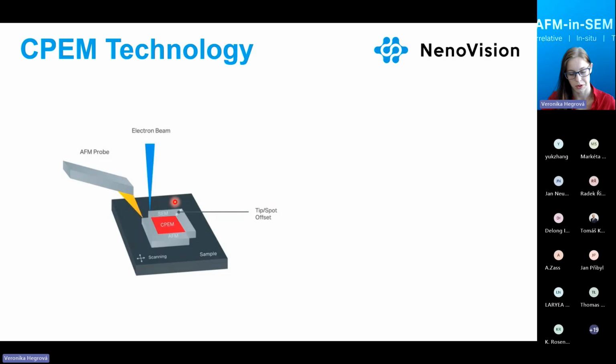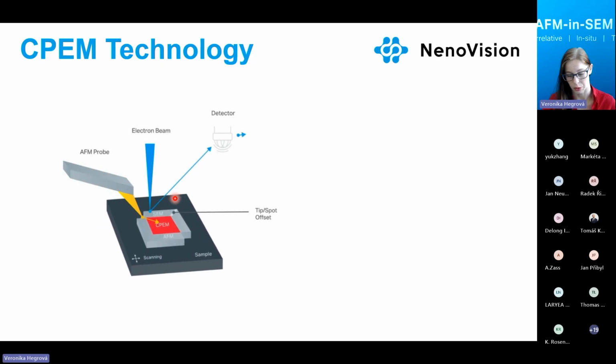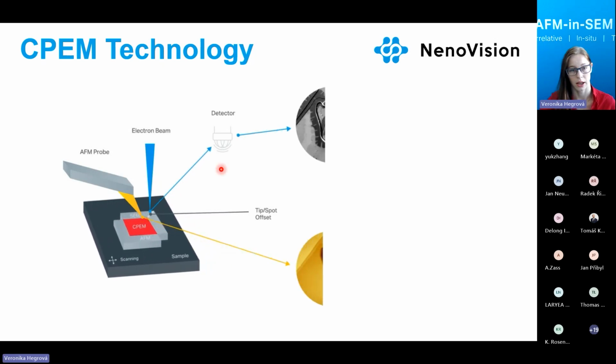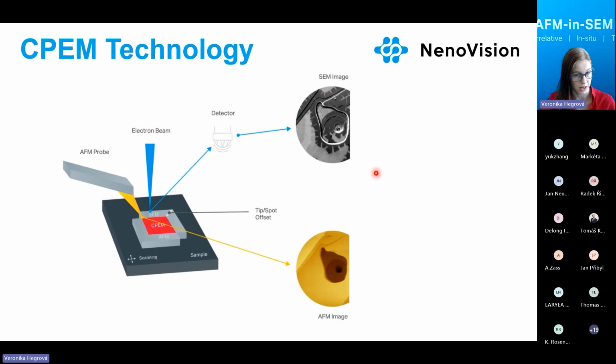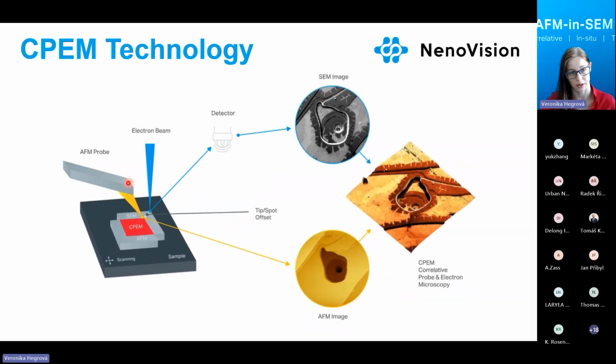Afterwards, we start scanning the sample, and we obtain the XYZ axes of the sample and data from the SEM detectors and from the probe. This way, we then remove the slight offset between each of the signals and obtain the CPEM image.